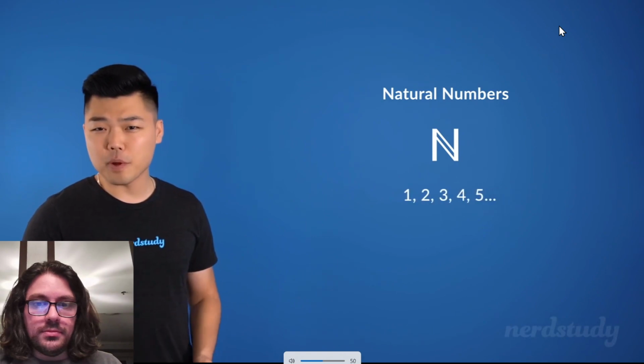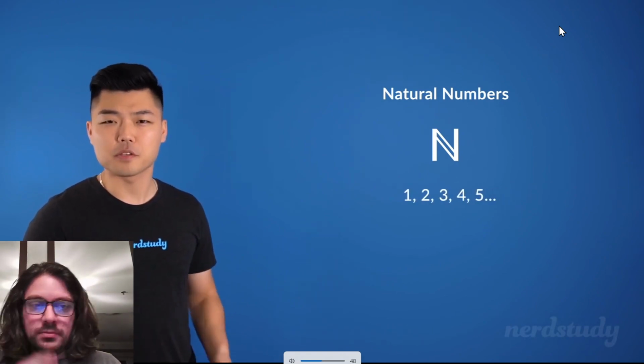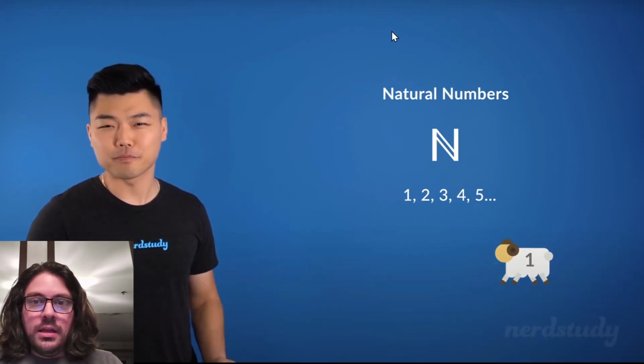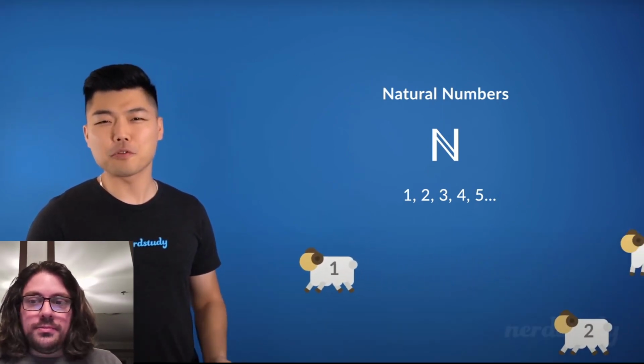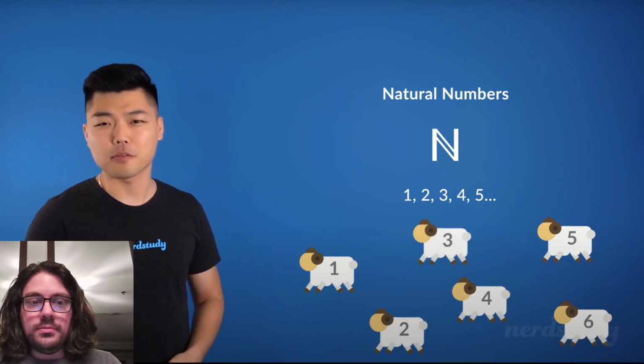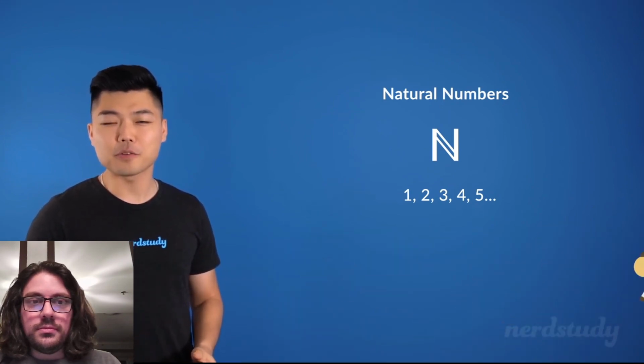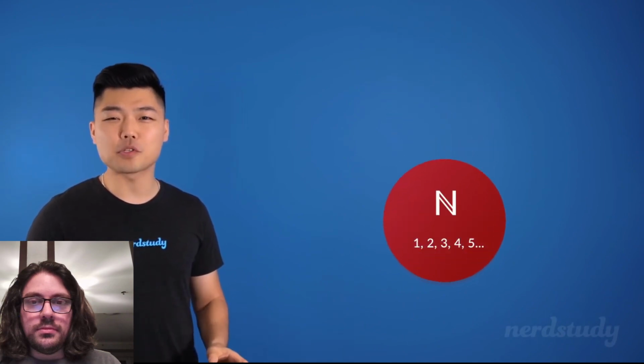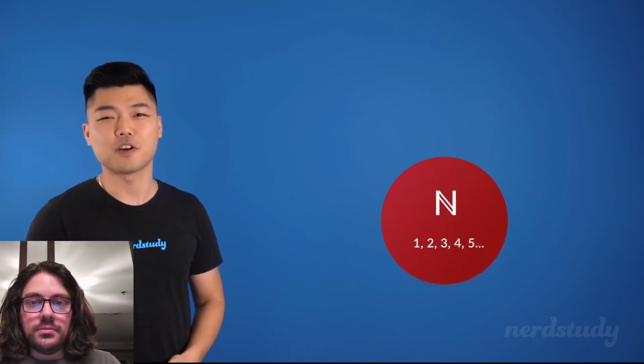So, an easy way to remember this is to think of it like this. We all naturally count things starting from 1 and go on to 2, 3, 4, 5, 6, and so forth. But rarely do we count starting from 0. Therefore, this is the innermost basic classification of numbers.